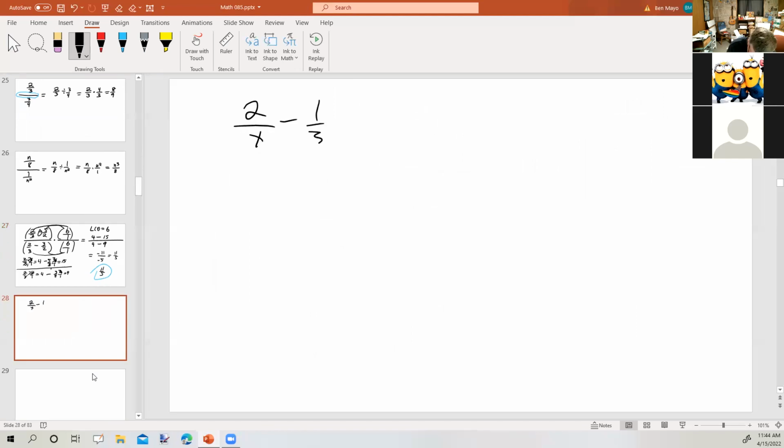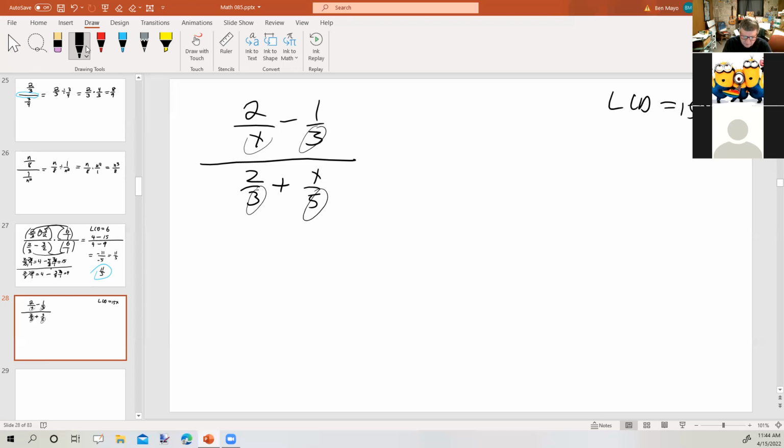2/x minus 1/3 all over 2/3 plus x over 5. So the LCD of x, 3, and 5 would be 15x. Are you okay with that? I've got an x, a 3, and a 5.